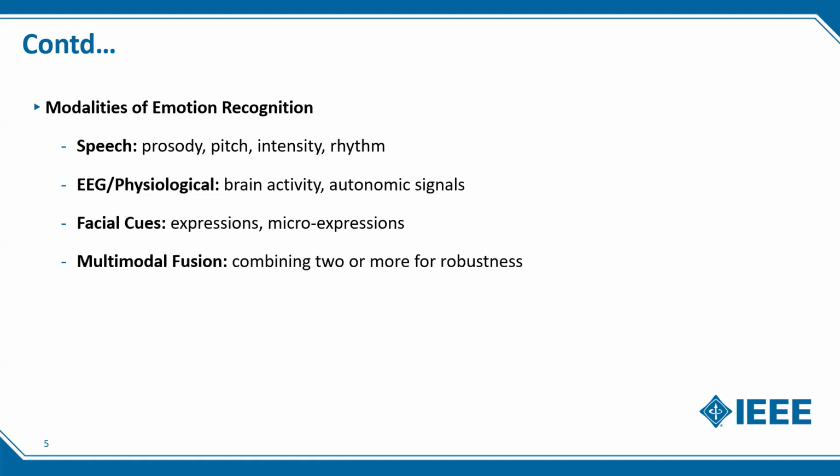And then coming to the autonomic signals. Autonomic signals are physiological responses controlled by the autonomic nervous system. For example, heart rate variability and skin conductance due to sweating.